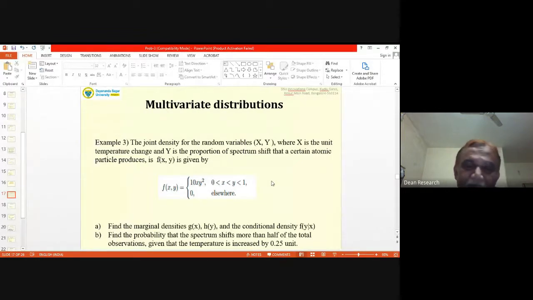First of all, you should get f of y given x, correct? Because temperature is given, and under that condition, you'll have to see what the probability is that the spectrum shifts more than half of the total observation. Meaning, you'll have to compute f of y given x is 0.25.